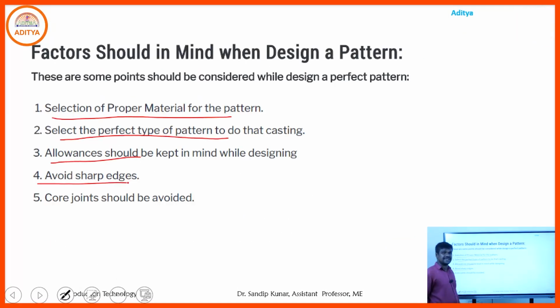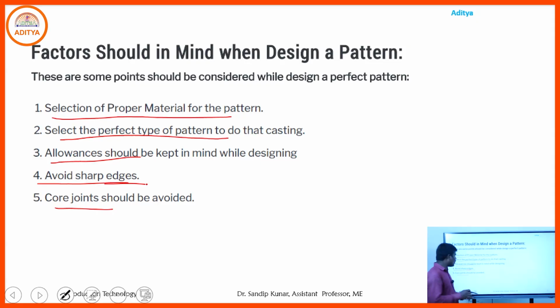Fourth, avoid sharp edges. If sharp edges or sharp corners are provided on the pattern, then when we handle the pattern, the corner may be broken or torn. When we handle the core joints, core parts, pattern parts and mold parts, the joints and sharp corners may be affected or deteriorated.